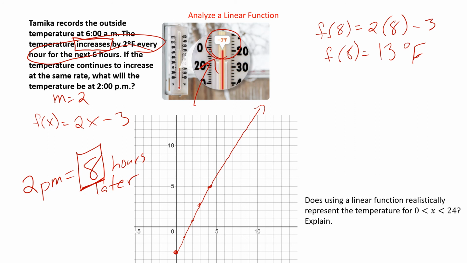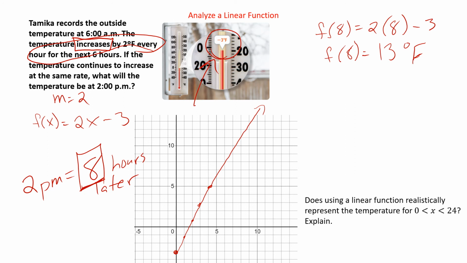Is it going to keep increasing by 2 degrees every hour for the full day? I know I've had questions like this before, and a lot of people say, yes, because it's linear. It's like, no, we have to take a step back from the function and look at what's going on in the situation.